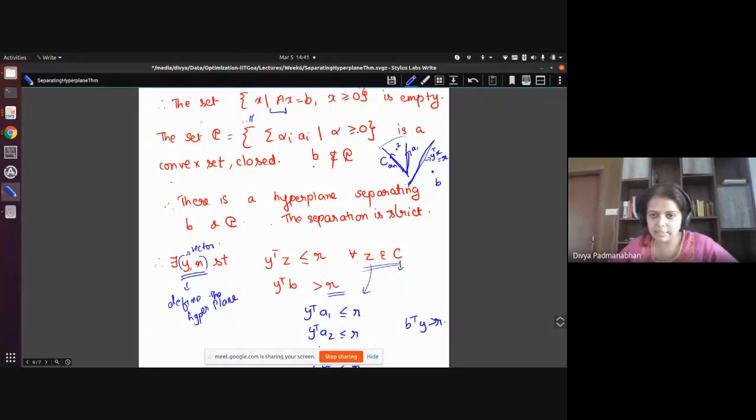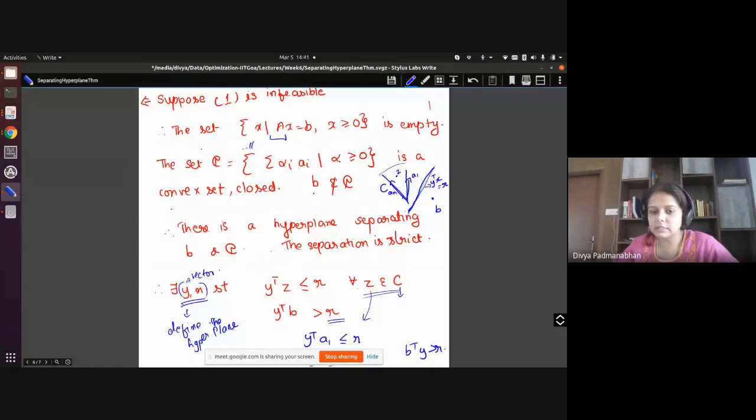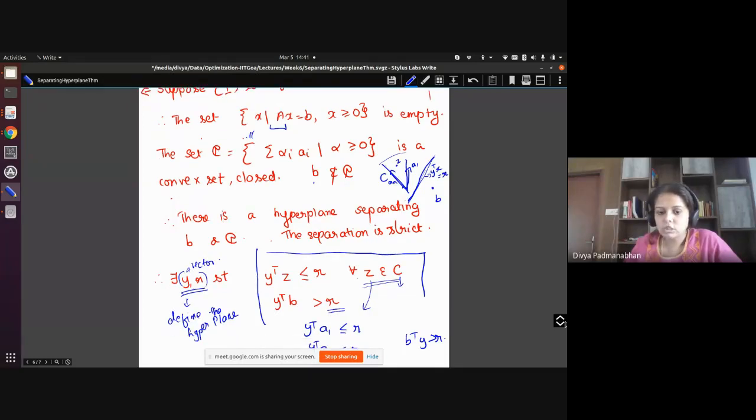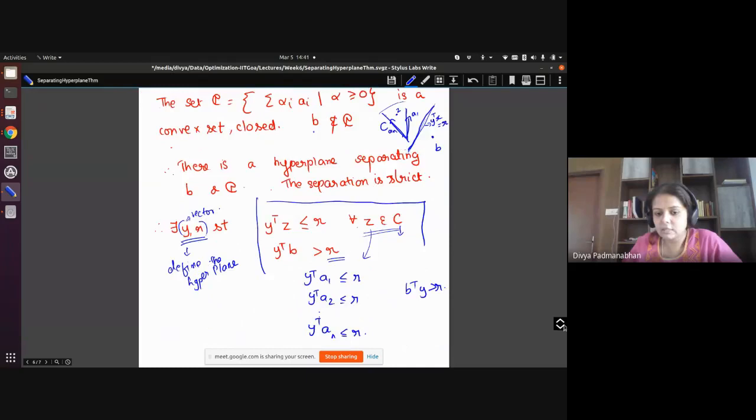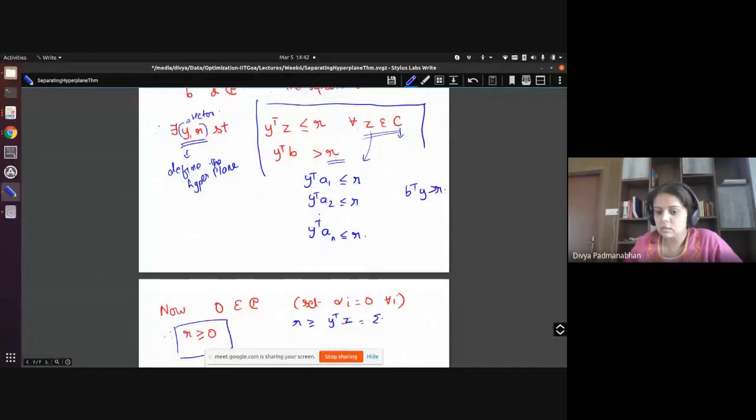In particular, if you set alpha's as 0, you have the 0 vector, and that belongs to this cone. And y transpose z is less than or equal to r for everything in the cone. So if you substitute z equals 0, you get r greater than y transpose z, where instead of z we are taking 0. This is actually summation yi zi, and the zi's are all 0. So r has to be greater than or equal to 0.